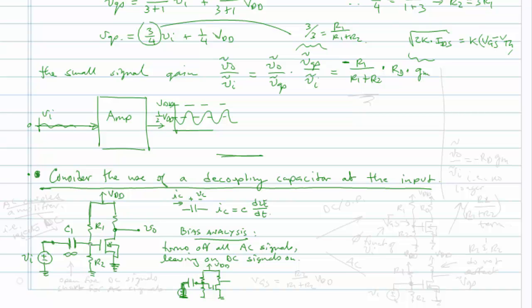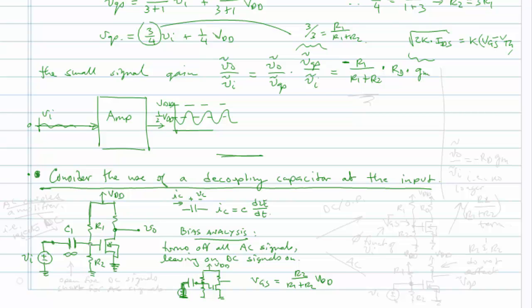That will occur when the voltage at the gate is equal to R2 over R1 plus R2 times VDD, what we found to be the contribution of VDD to VGS in our previous setup. So under DC conditions, the capacitor is an open circuit. And if there are any AC signals, the capacitor can be treated as a short circuit.